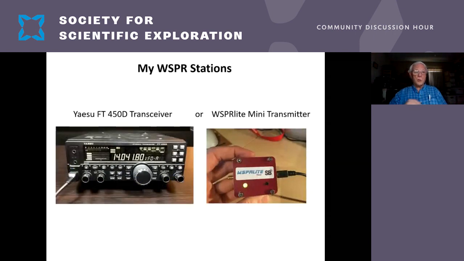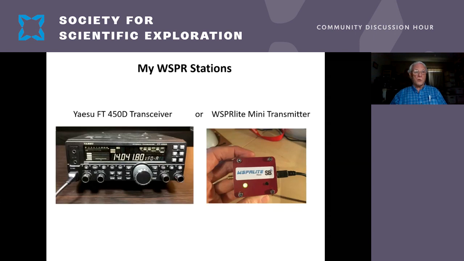Now, here's what my WSPR station looks like. On the left is my commercial transceiver, which looks really fancy, but actually it's kind of a low-end one. You don't need a really fancy one, and you don't have to have a big one like that. On the right is a kit that I just finished building, and it's a little tiny one you can hold in your hand and take anywhere, hook it up to an antenna, and send a WSPR signal.